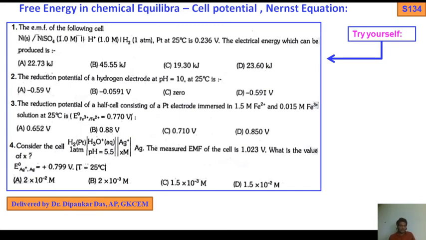So what will be the value of X? The options given are 2 into 10 to the power minus 2 molar, 2 into 10 to the minus 3 molar, 1 into 10 to the minus 3 molar, and 1 into 10 to the minus 2 molar. There is a clue, minus 2 and minus 3. After solving, if you get the term 10 to the minus 2 or 3, and if 10 to the minus 3 comes, then you omit the 10 to the minus 2.